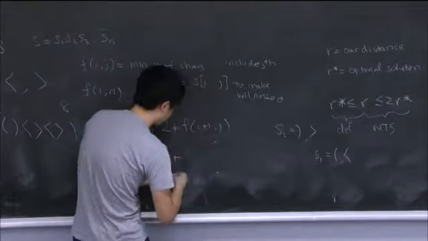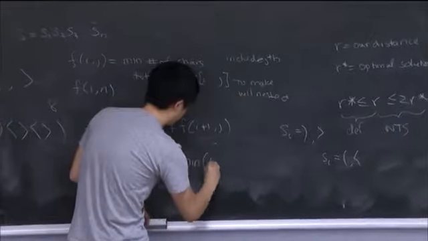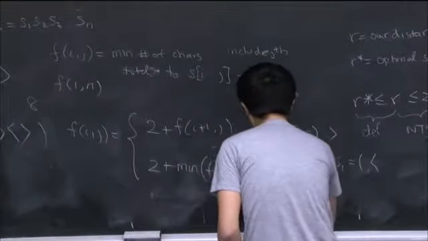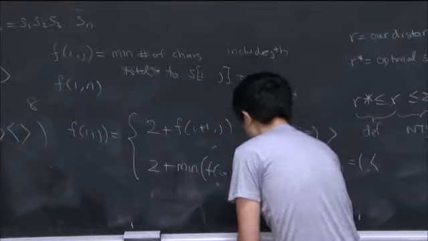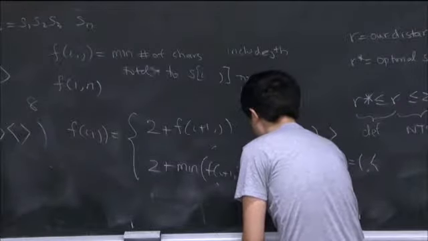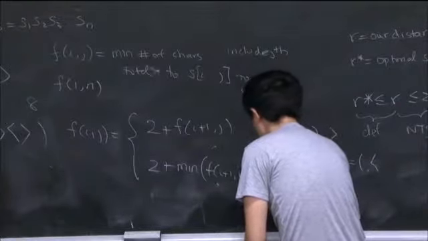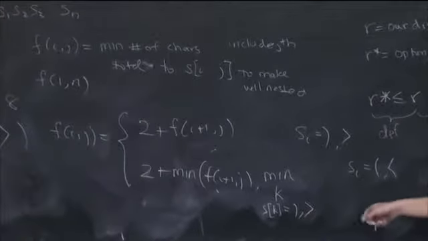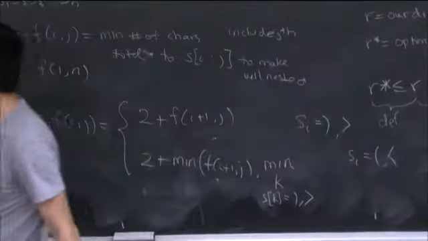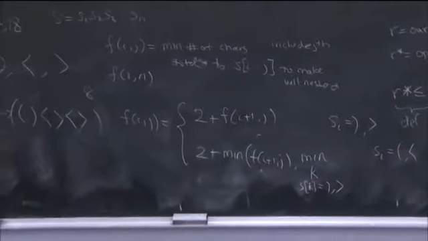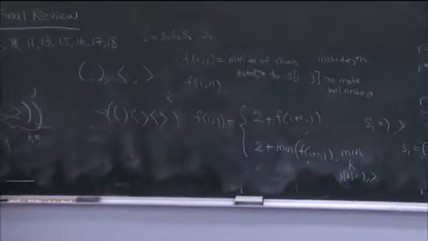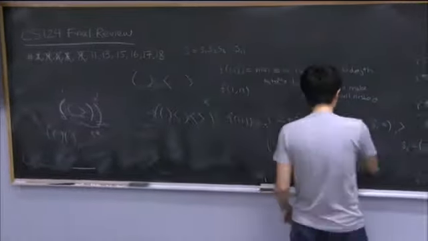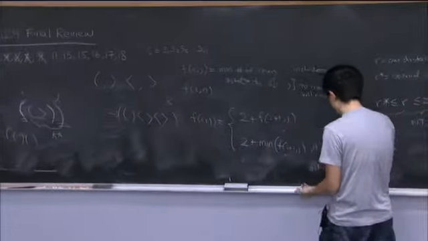I'm going to say it's the minimum between f of i plus 1, j and the minimum over all k such that S of k is equal to the corresponding closing bracket of S i. I'm going to look at all these possible locations k, where if S i is an open parens, I look at all the closed parens. If it's an open angle, I look at all the closed angles.